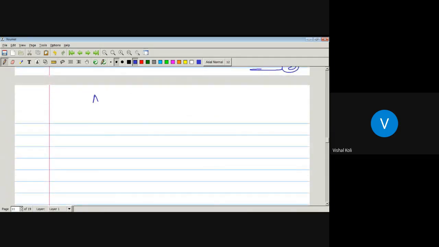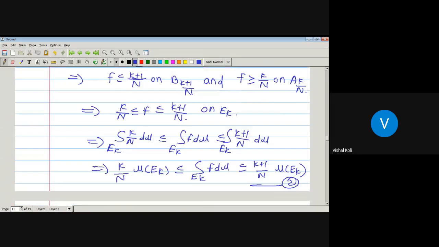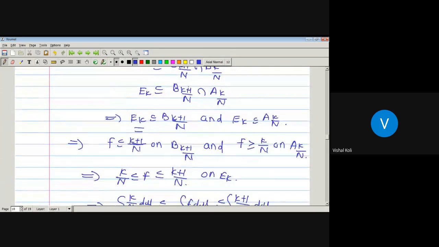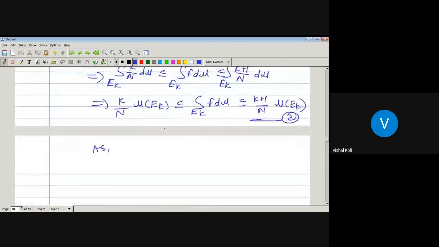Now, as E_k is a subset of B_{(k+1)/n} intersection A_{k/n}, we know that B_{(k+1)/n} is a negative set with respect to the signed measure gamma minus (k+1)/n into mu, and A_{k/n} is a positive set with respect to the signed measure gamma minus k/n into mu.